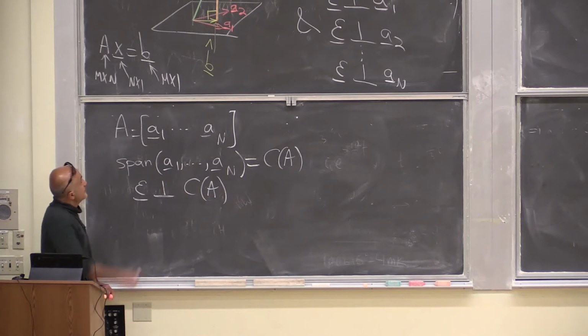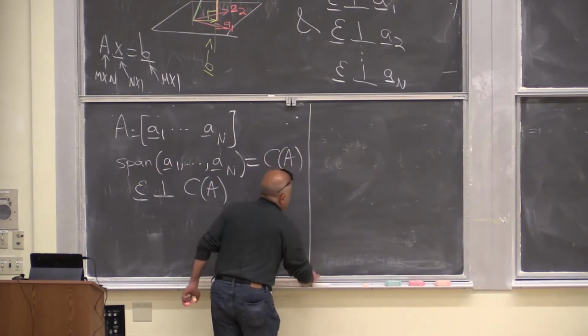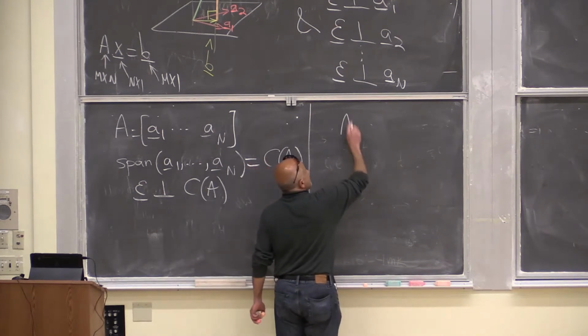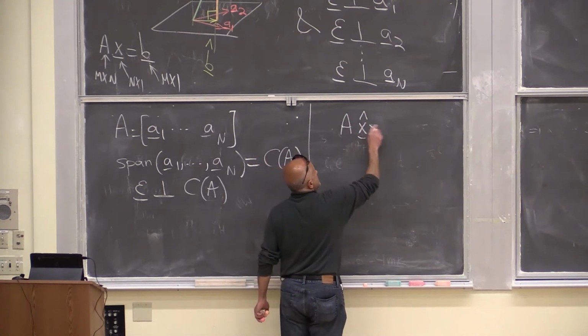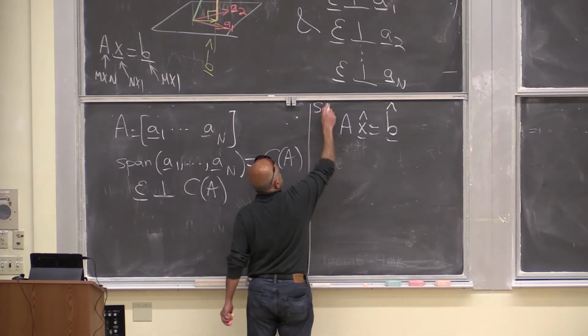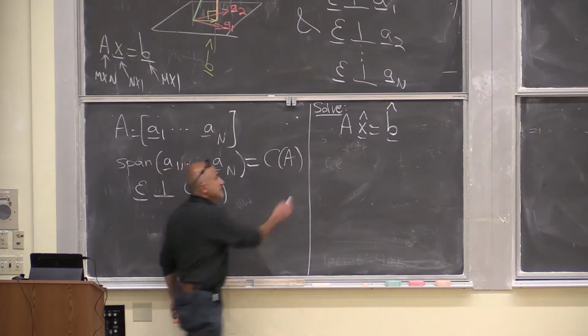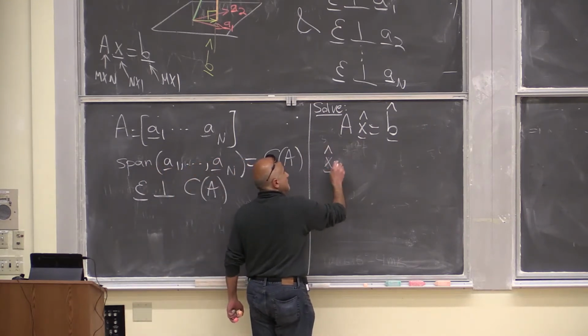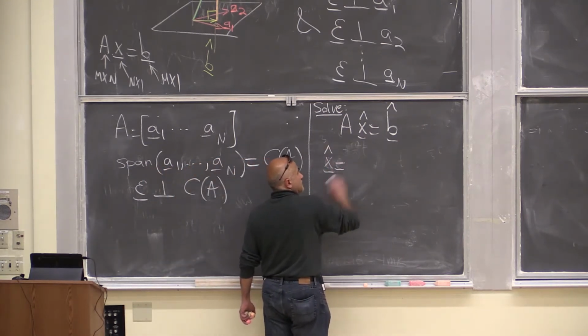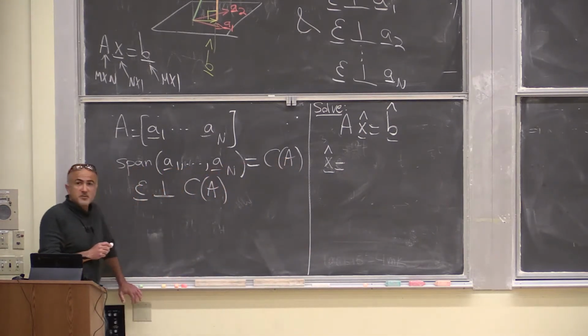Now, because we can't find an exact solution, we solve the following system. And the x hat that we found was, what was it? Does anybody remember?